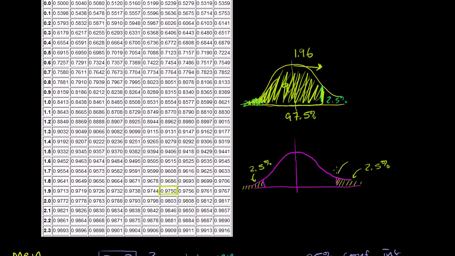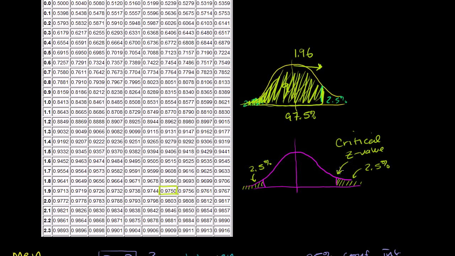So we need to find this critical z-score, critical z-value. And if our z-value is greater than the positive version of this critical z-value, then the odds of getting something so extreme is less than 5%, assuming the null hypothesis is correct, so then we can reject the null hypothesis.